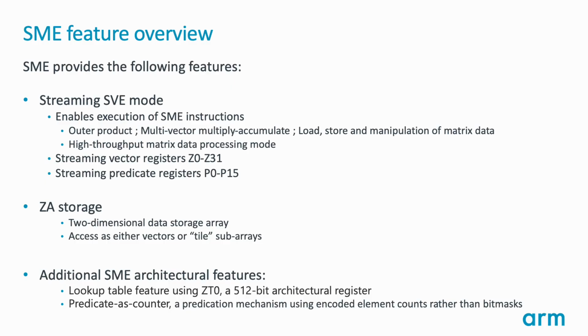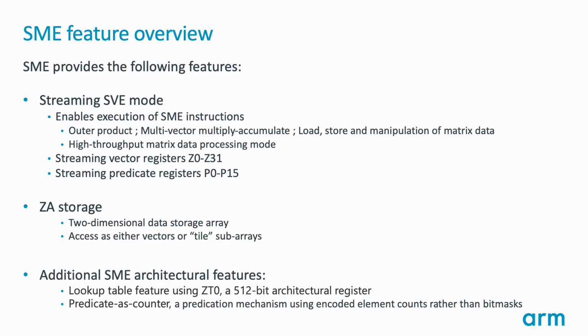The other one is the ZA storage. A ZA storage is a two-dimensional array of storage. Basically, you can access the ZA storage as vectors, or subarrays can be accessed as ZA tiles, etc. We'll look into greater detail of how it can be accessed in further slides.